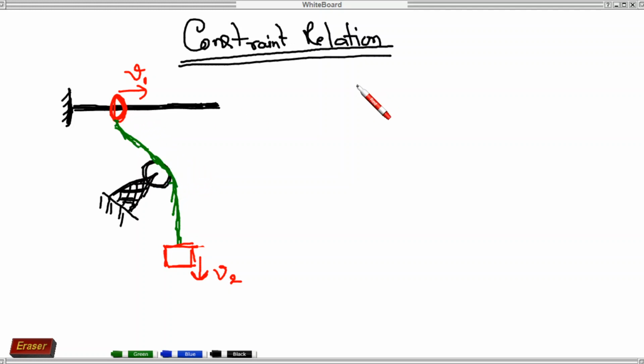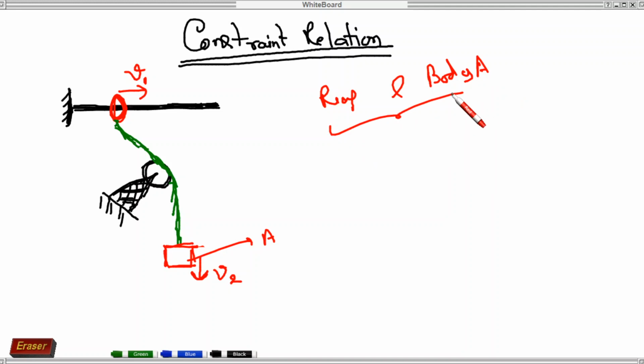These are two objects, the ring and this body, and they are connected to each other by a string. But they do not have the same velocity or acceleration.